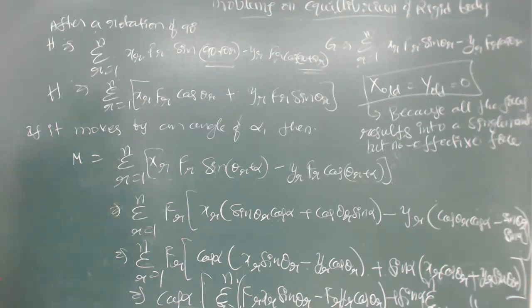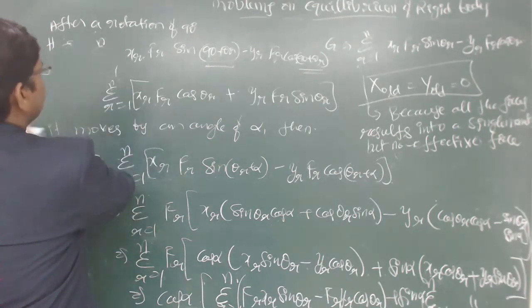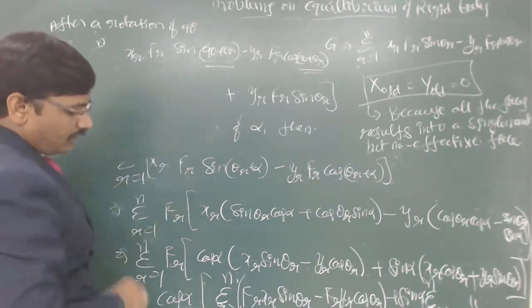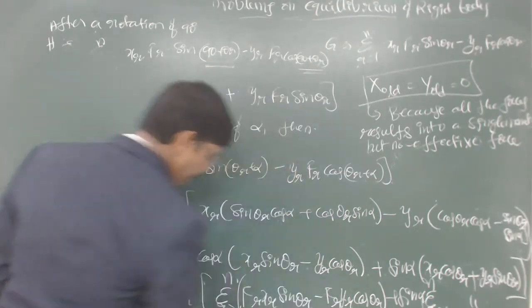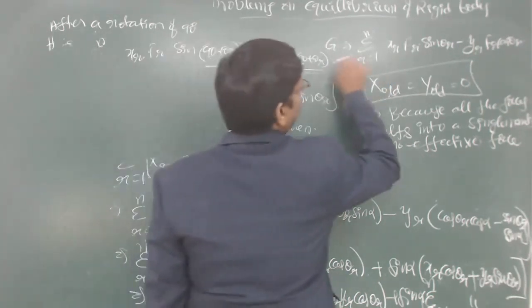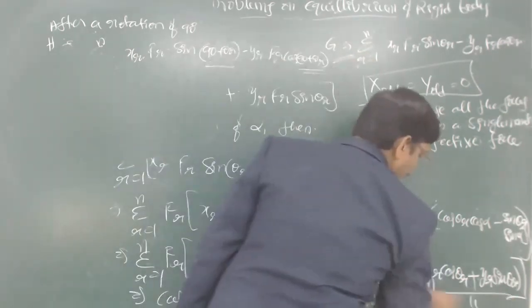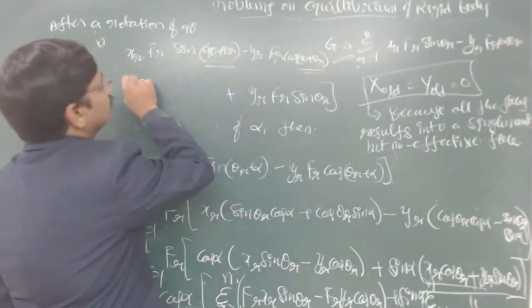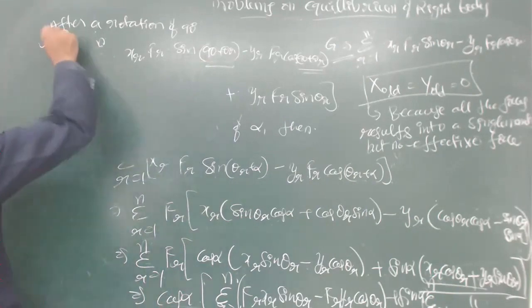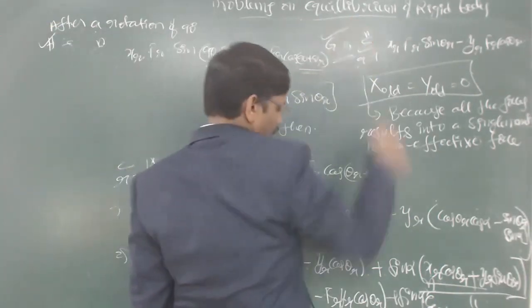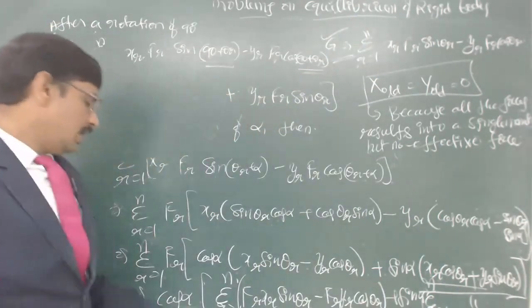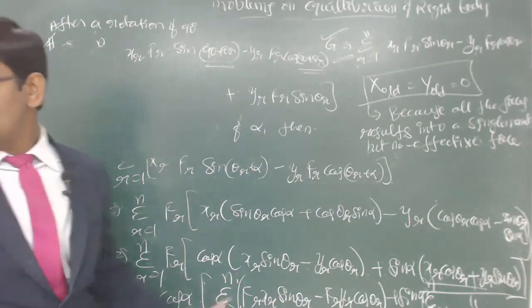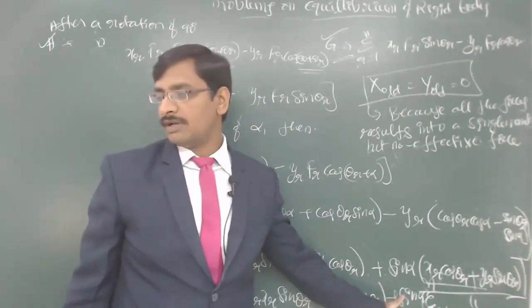Okay. Now if you carefully notice, whatever is coming over here is nothing but G, and whatever is coming over here is nothing but H. So both were present at this location, along with a factor of cos alpha here and a factor of sin alpha here.